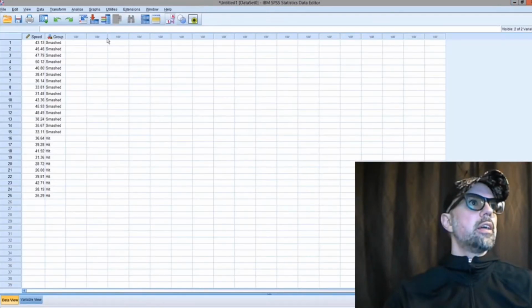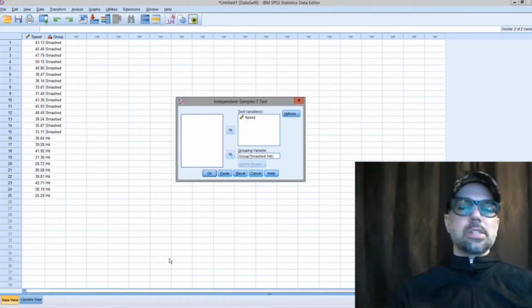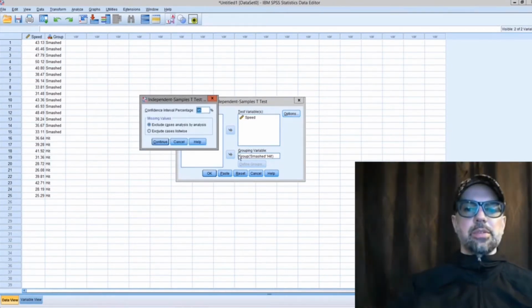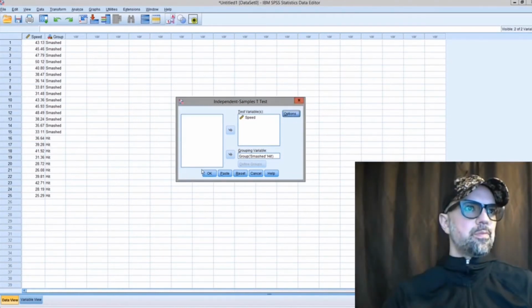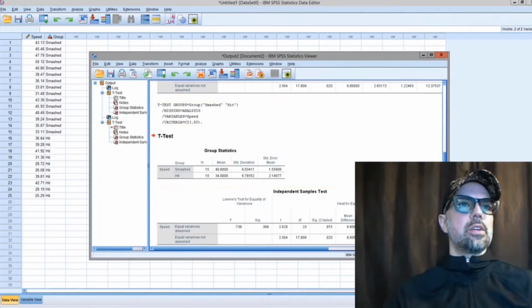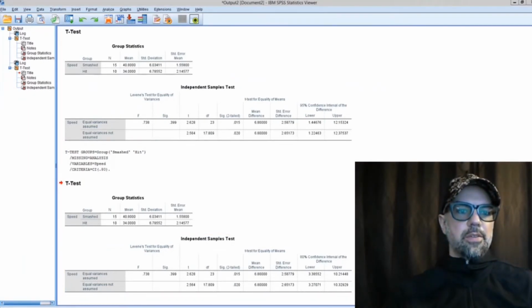Let's go back and do the 80%. So analyze, compare means, independent samples t-test. All set up, which is great. We're going to hit options, change that 95% down to 80%. Hit continue, hit OK. And notice that we now have an 80% confidence interval of the difference.